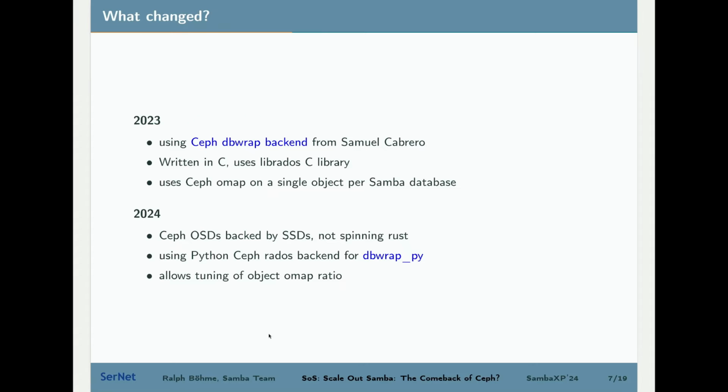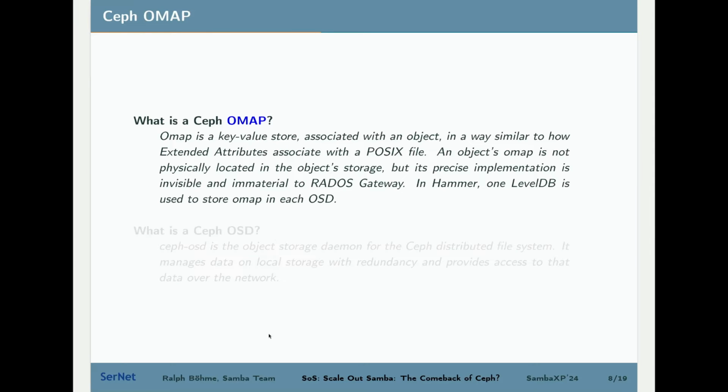So the question for some of you is probably, what is a Ceph OMAP? This is a quote from the Ceph documentation. OMAP is basically a key value store that Ceph RADOS implements on each node. It's associated on the API level with each object, which means in a way the key of an object is combined with the key you provide for the OMAP.